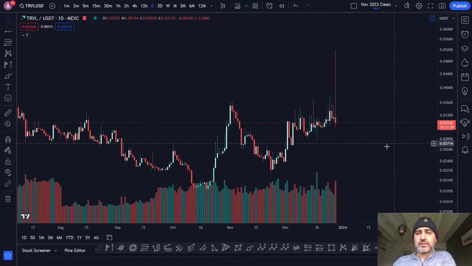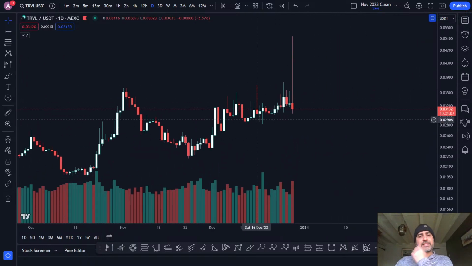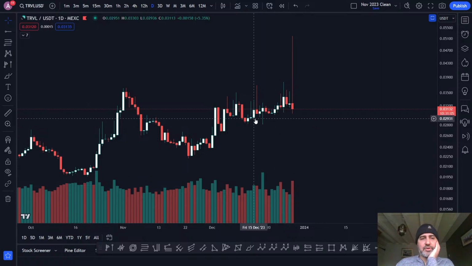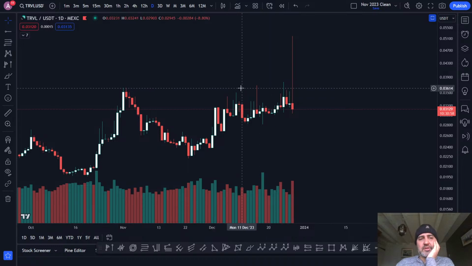And zoom in. So I've been talking about this over the last few days and saying we're in an accumulation range, and we're probably forming some kind of flat top triangle.